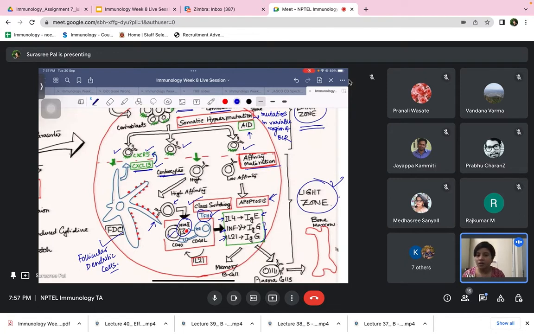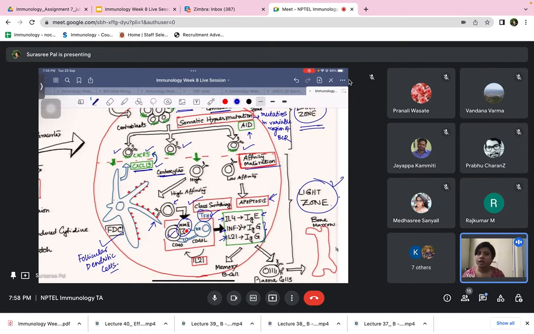So depending on which type of cytokine is being produced, the B cell will be able to switch its class, right? It is also known as isotype switching. So there will be rearrangement in the constant region of the heavy chain, right?